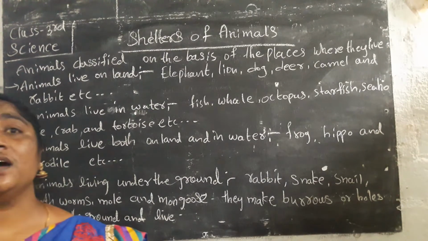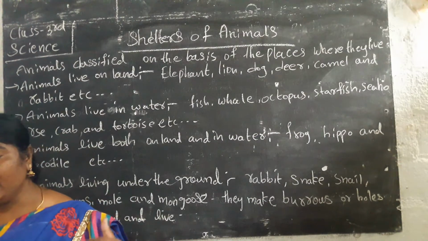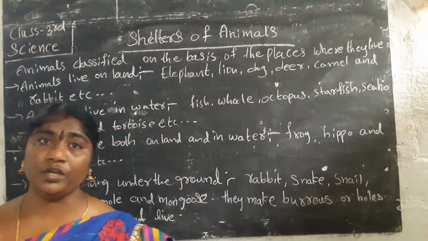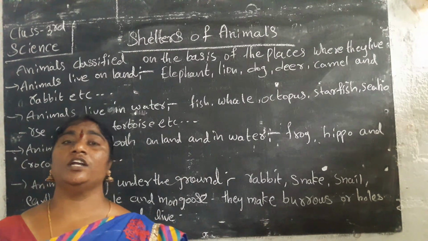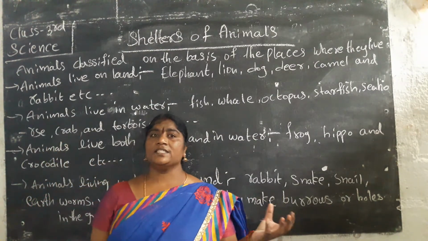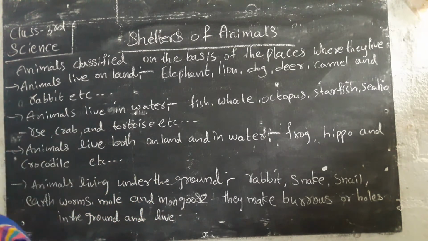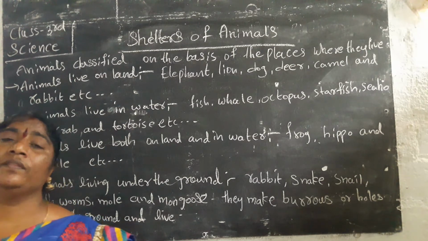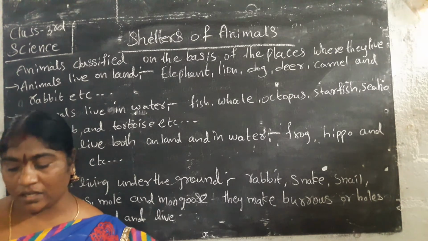You may have some questions in your mind: how can they get food? They search for food. Animals under the water take the small insects and creatures there as food. Most land animals, like elephant and deer, take only parts of plants, like leaves, as food.